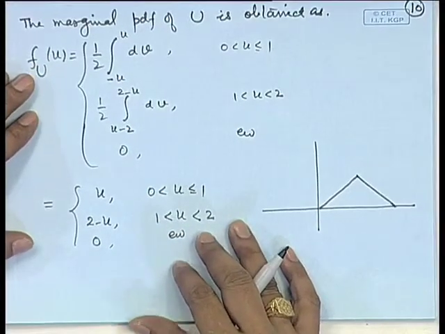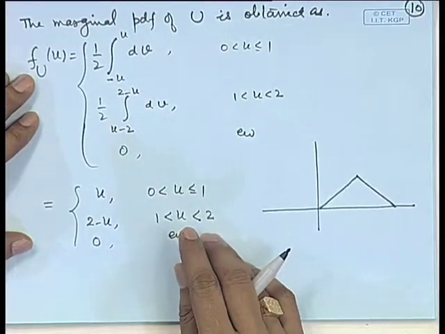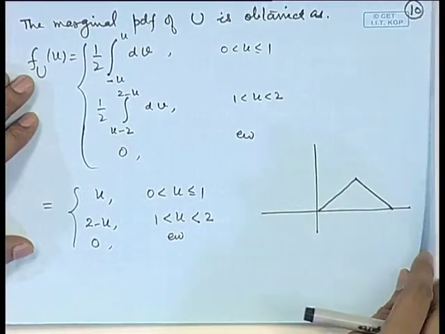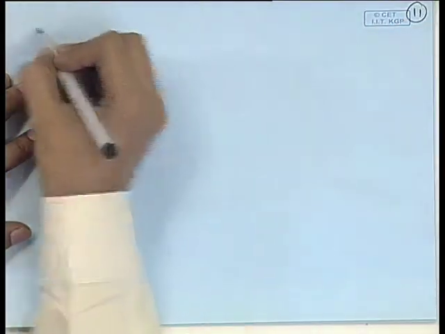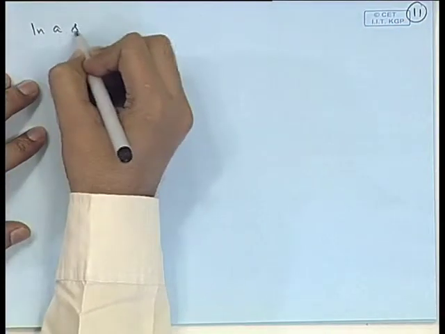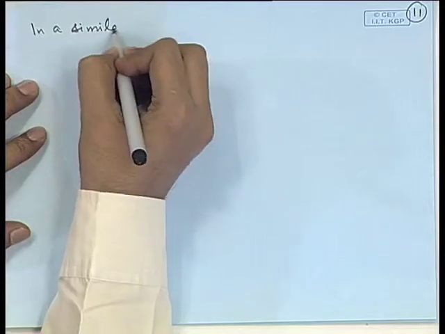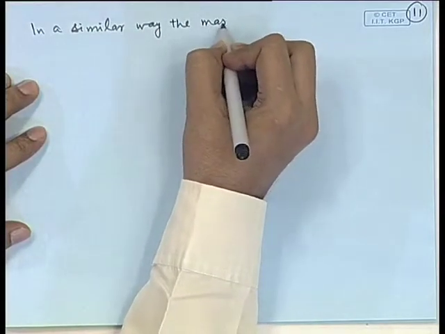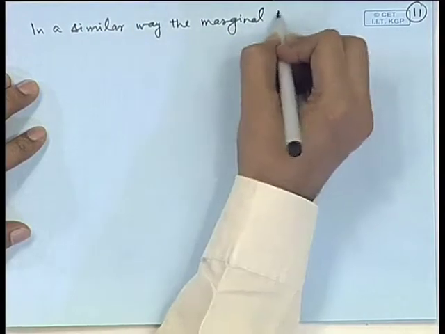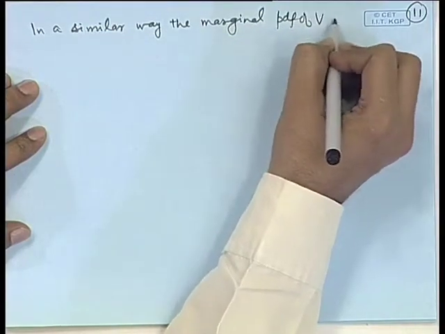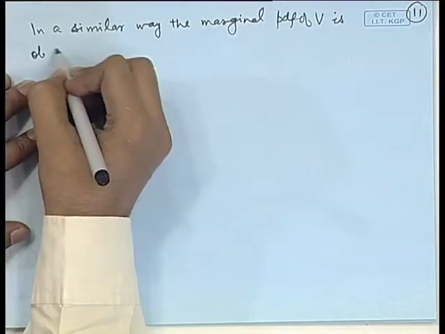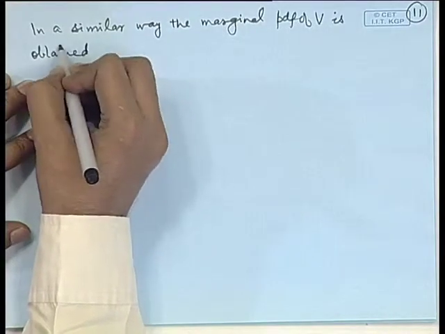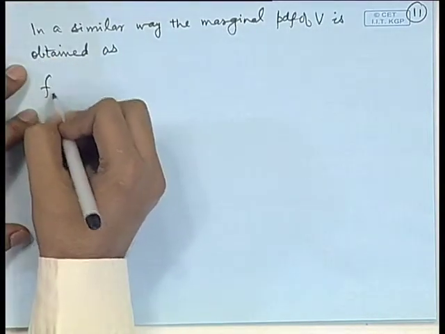In a similar way, we can obtain the marginal density of V also if we integrate with respect to u. The marginal PDF of V is obtained as f_V(v).